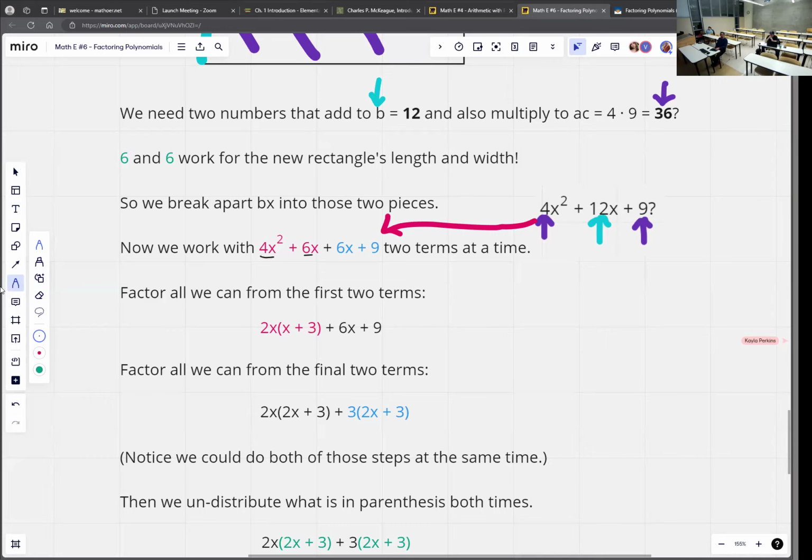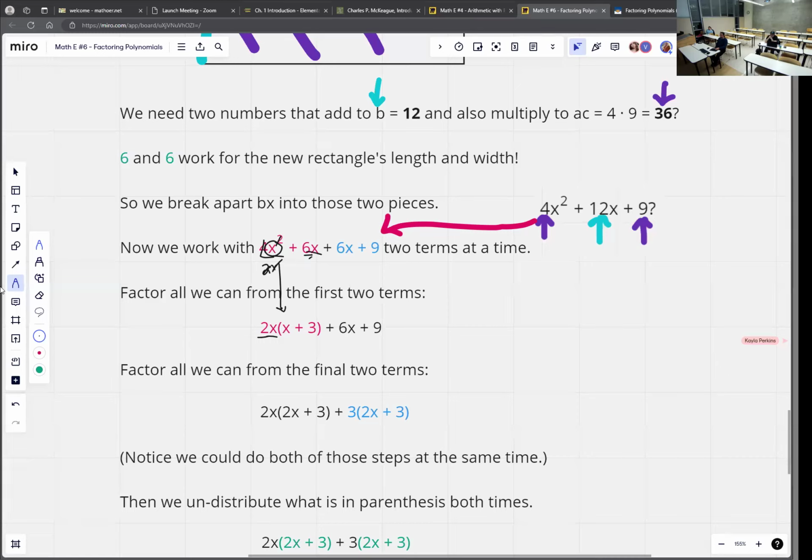I thought separately, just for the plain number, what's the biggest plain number in both of these? And 2 is the greatest common factor. And then how many X's are in both of them? Well, only one X is in both of them. So I put that there also. And then I had to do division. If I do 4x squared over 2x, what was left? Just one of the x's, so that one there.